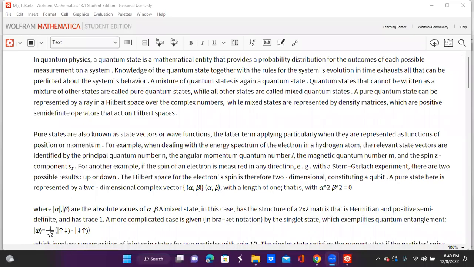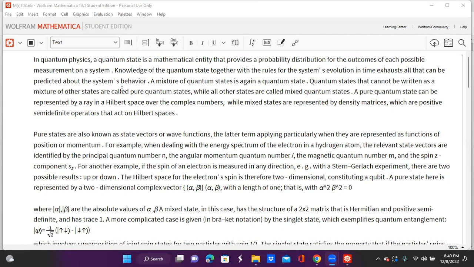So I have some more notes that I've taken for you guys. In quantum physics, a quantum state, which we should be familiar with, we've been manipulating quantum states in each one of these study sessions, is a mathematical entity that provides a probability distribution for the outcomes of each possible measurement on a system.